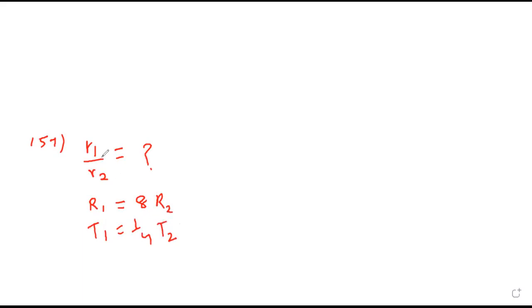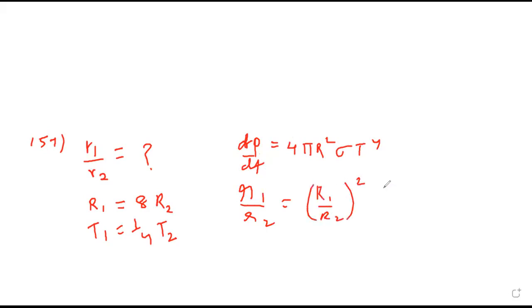See, our new one is 1 and the old one is 2. So we want the ratio of new to old, if the new one's radius is 8 times the old one and temperature is 1/4. The rate of radiation, that means dQ by dt, is 4 pi radius squared sigma T raised to 4. I'm calling this R. So R1 upon R2 is capital R1 upon capital R2 squared, times T1 upon T2 raised to 4.